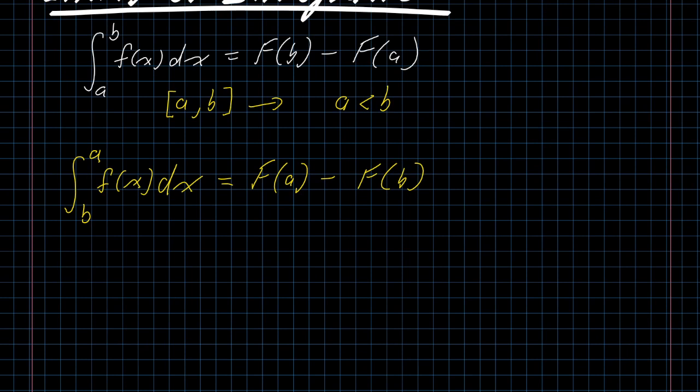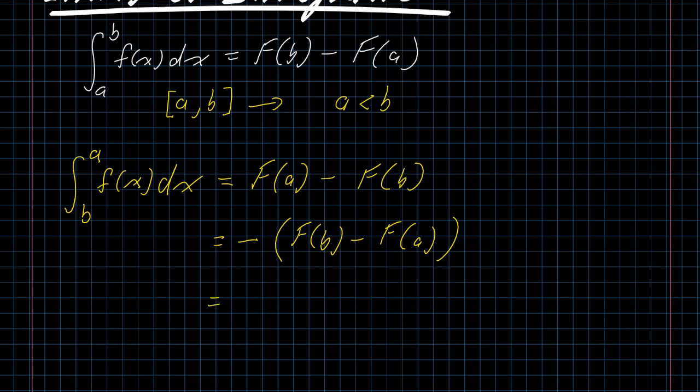Well, that's the same thing that we had before, just in the backwards order. And when you change the order of subtraction, it makes the opposite. If f of a minus f of b is positive, then f of b minus f of a is negative, and vice versa.